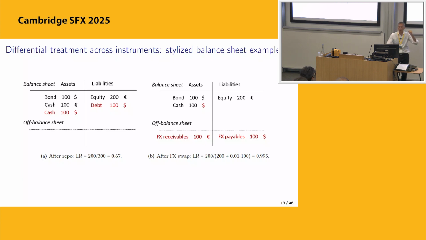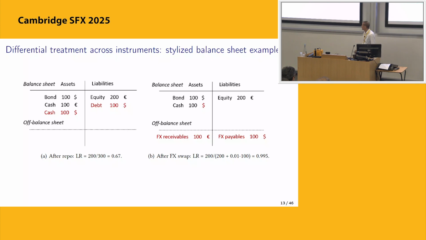The amount borrowed, $100, will appear on your balance sheet asset side, and assuming you have a zero haircut, initial margin, the bond asset that you pledged as the collateral has to remain on your balance sheet. So of course, then the asset side will expand twice, right? And the leverage ratio is going to be penalized.